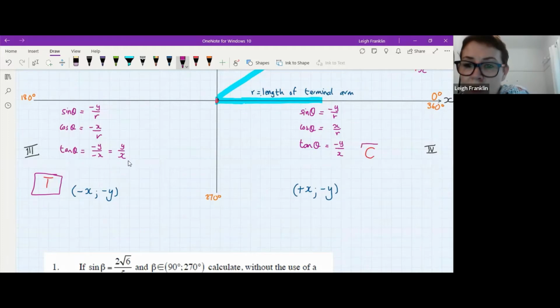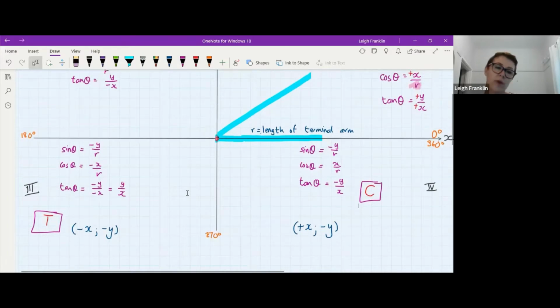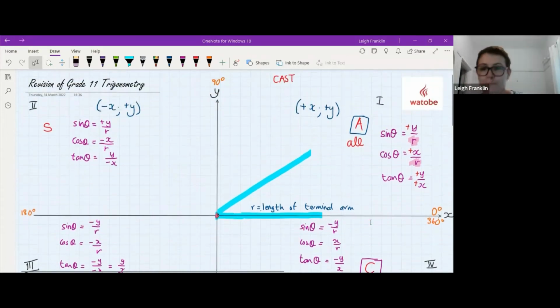And that's where the C comes from. Okay, so the C stands for cos theta. So the CAST diagram tells us which ratios are positive in which quadrant. All right, very, very important. You just check what's going on in the chat. Everybody's happy. All right, lovely.